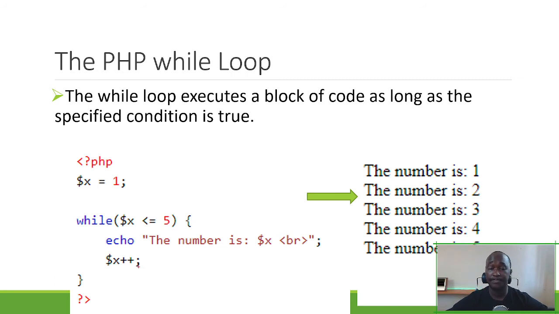Now, generally, the first three types of loops will have these three things. The first one is called the initialization. Initialization is just the initial value.